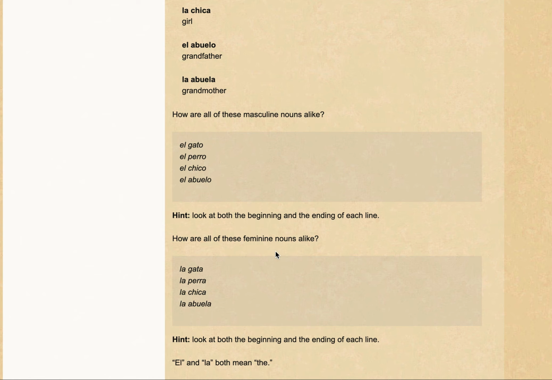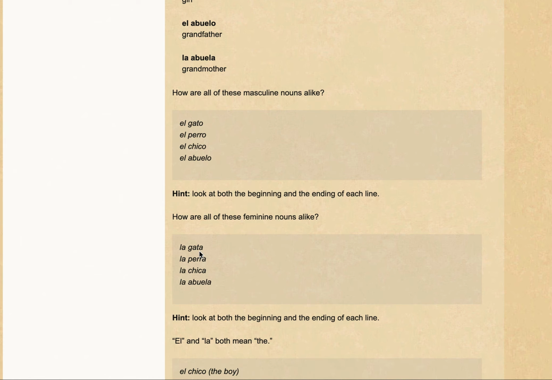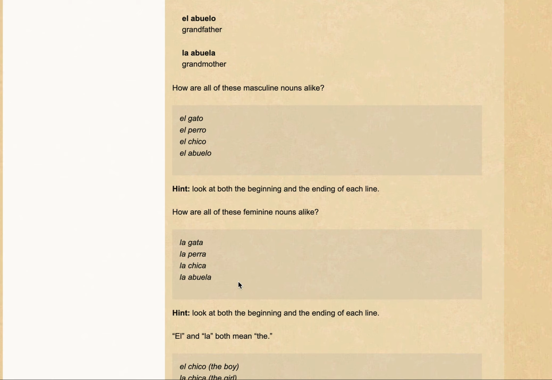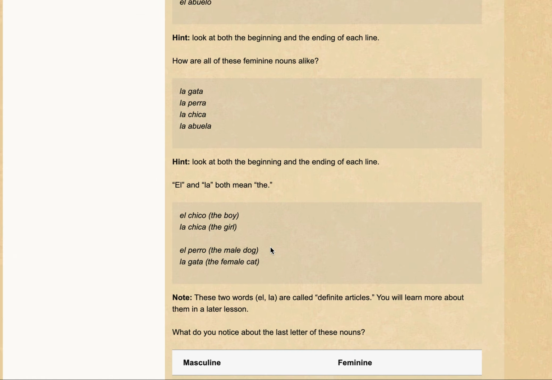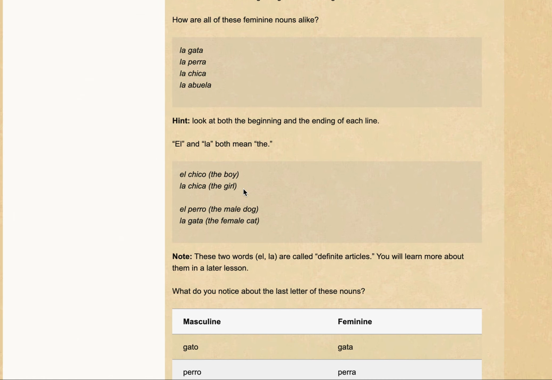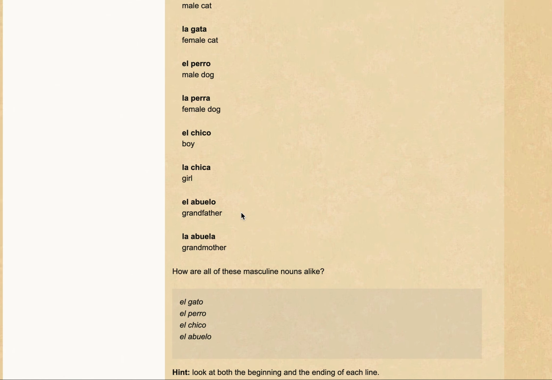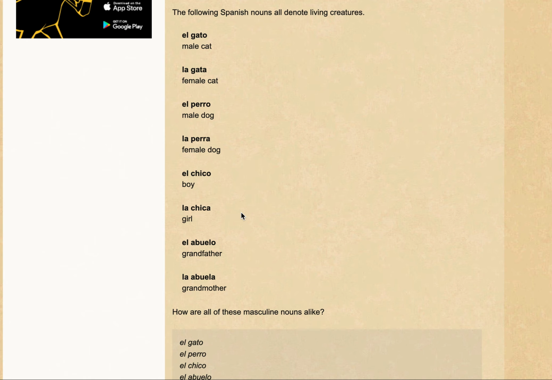How are all of these feminine nouns alike? So you have la gata, la perra, la chica, la abuela. Look at the beginning and ending of each line. El and la both mean the. So el chico, la chica, el perro, la gata.